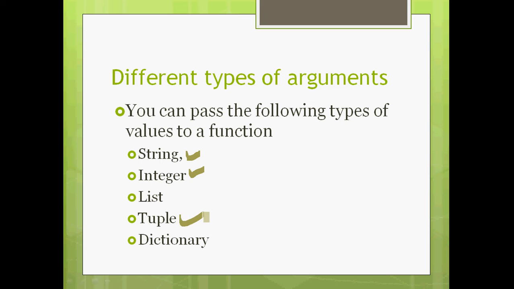The values that you store are immutable. It is not that easy to write on this slide, so just remember that string, integer, tuple are immutable. You cannot make any change to the existing value. If you make any change, it will become another value, not the same one. That's it.